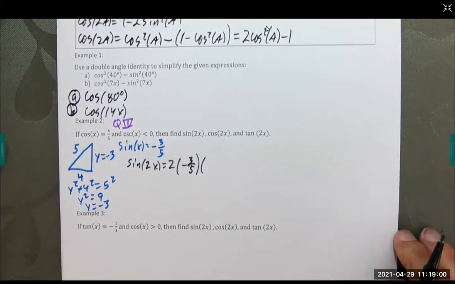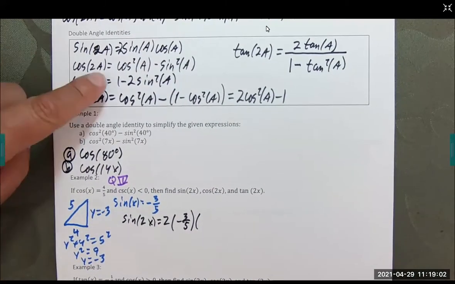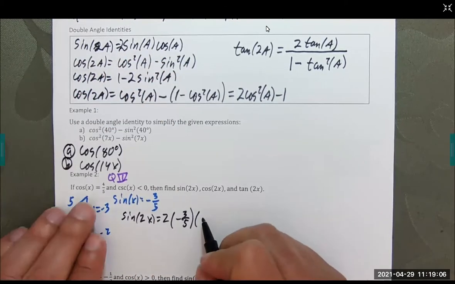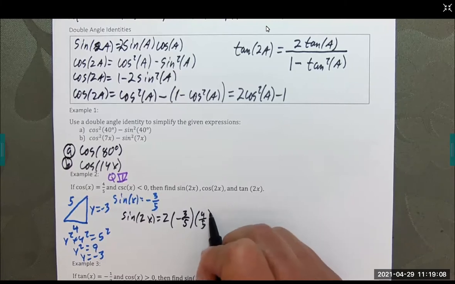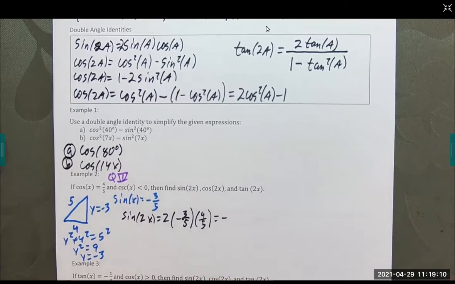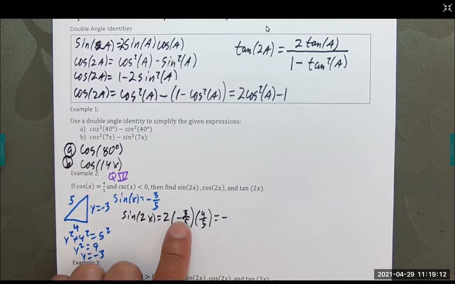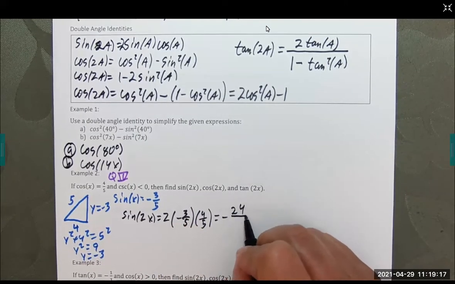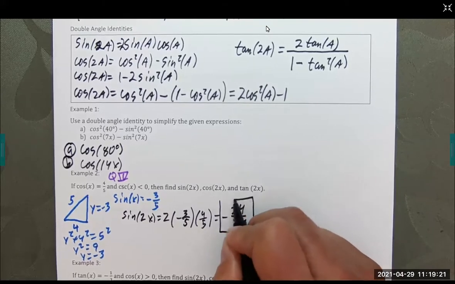I'm doing 2 times sine cosine. Cosine is 4 over 5. That's going to be negative. 2 times 3 is 6. 6 times 4 is 24. And 5 times 5 is 25. There we are. No problem.